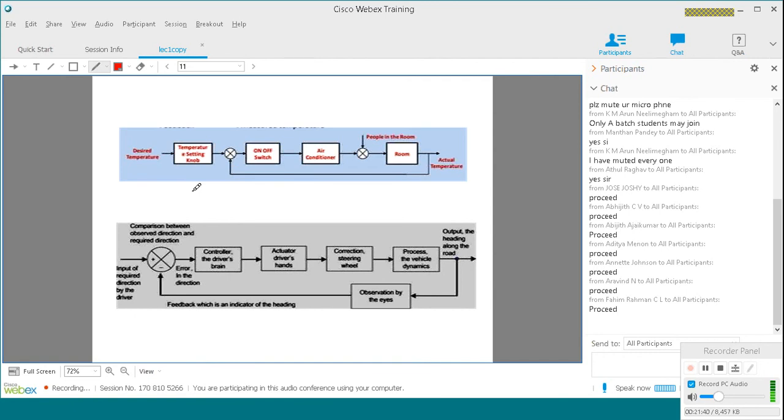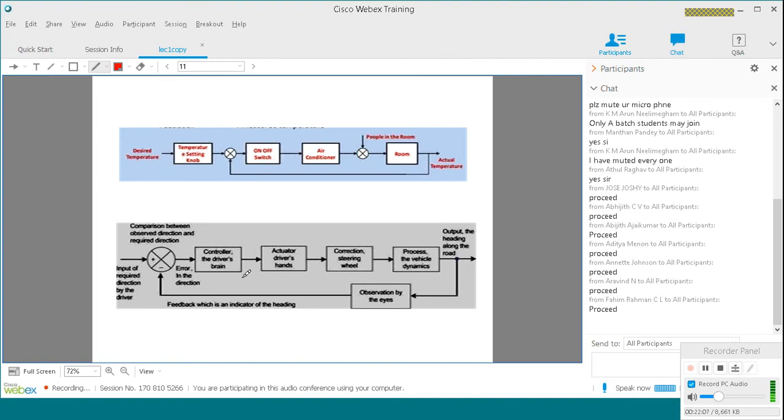Like this, it will arrive at a suitable band around the desired temperature. It will settle down around the desired temperature. So if somebody enters, then automatically the air conditioner has to be turned on. If somebody leaves, then it has to be appropriately switched off.